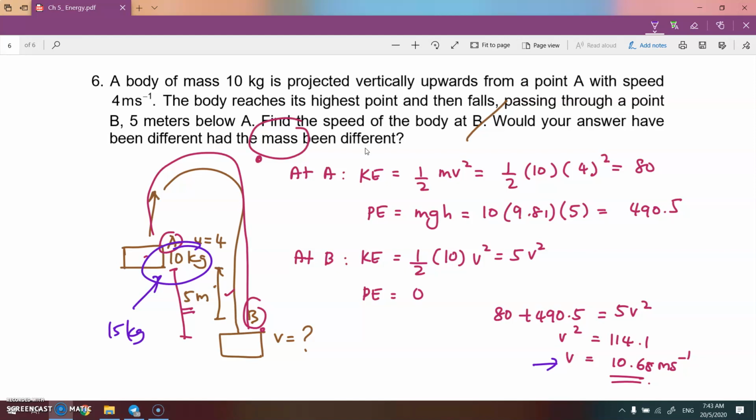No, because the speed doesn't depend on the mass. You can try to calculate. If m is 15, your answer will not be different. You can check it.